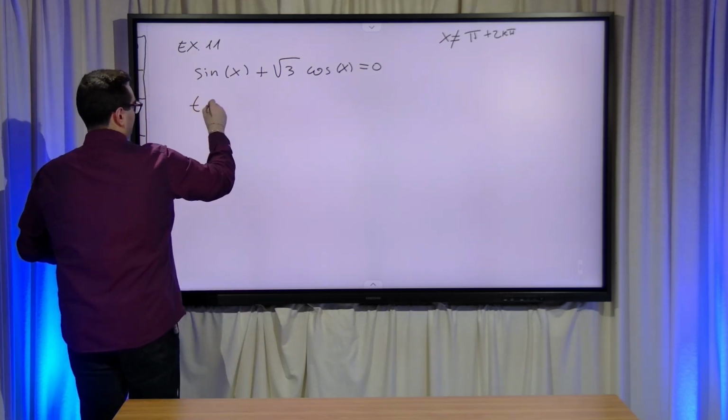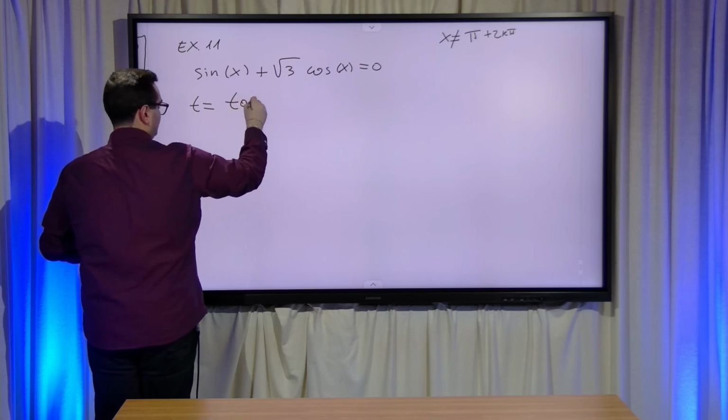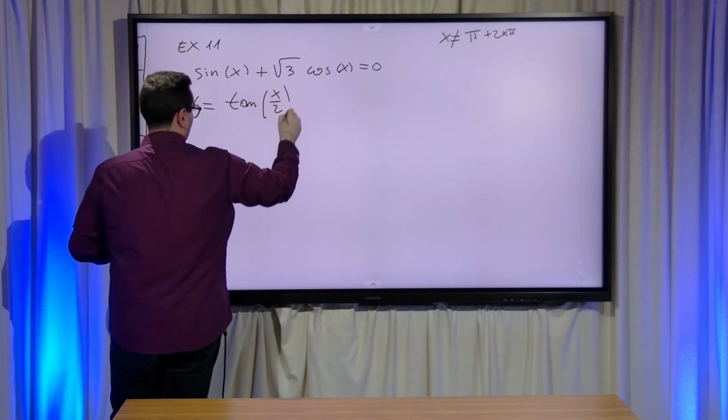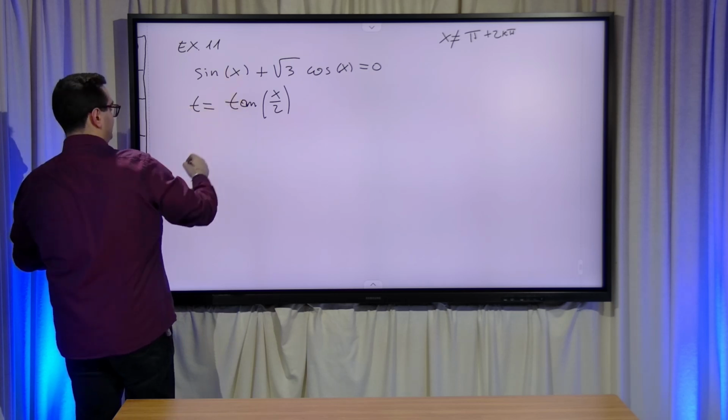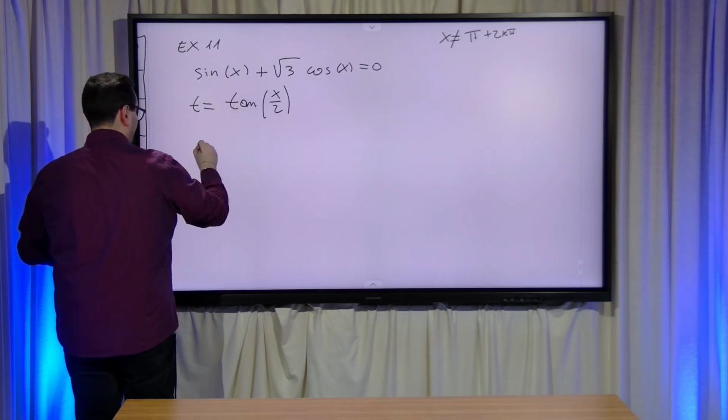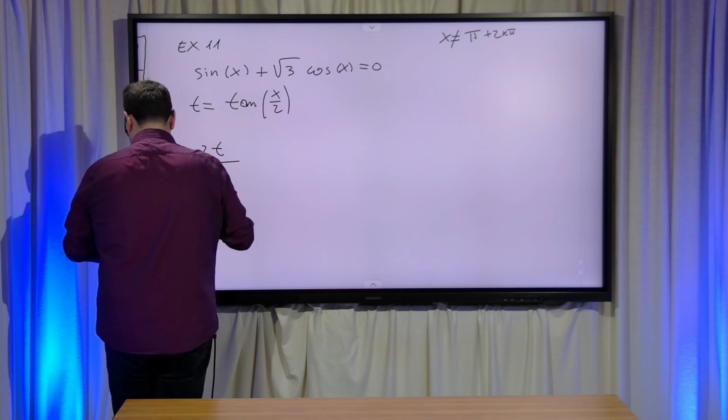Okay, just imposing t is equal to the tangent of x over 2, I can rewrite the equation using that formula with 2t.